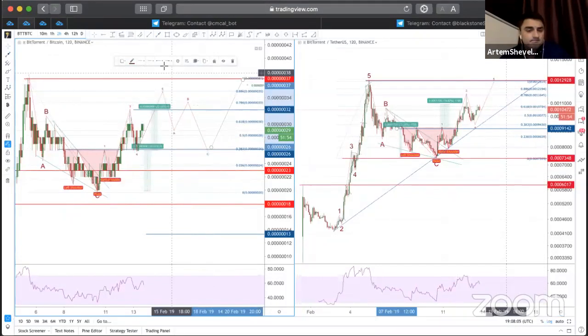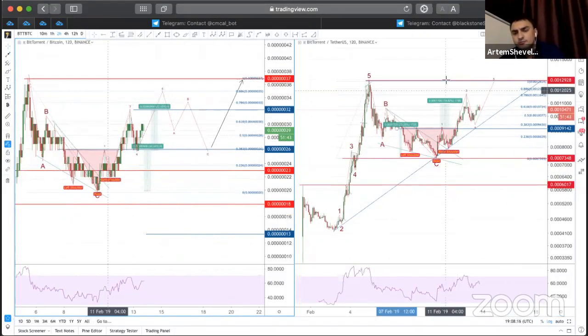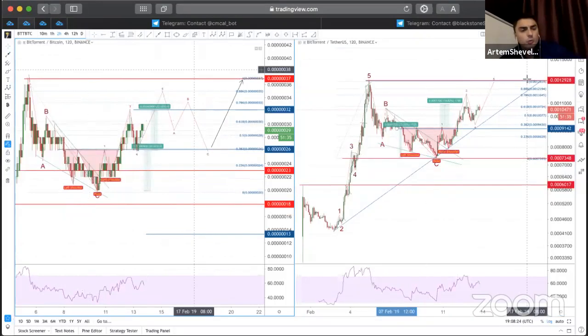And speaking of targets, right now we have a top at 37 Satoshis, which is this red level, and on the USD price it is 30,000. So I don't see the reason to break this level right now.